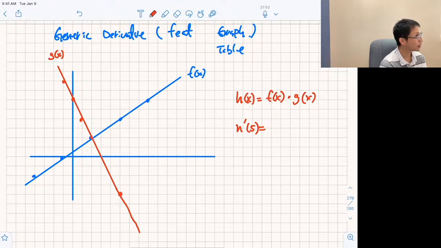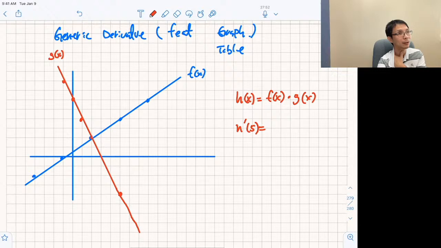Would you first find the equation of g of x and the equation of f of x, and then find the derivative of that? Yeah, but that would be too complicated. You can just find the slope of both of them at 5. Yes, you need to do that, but not yet.